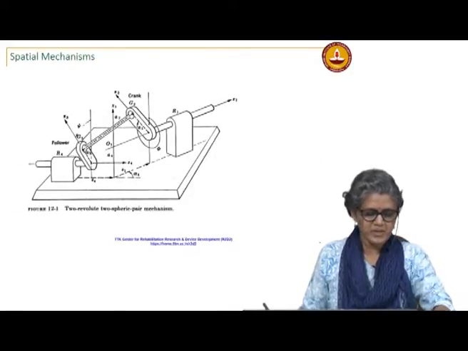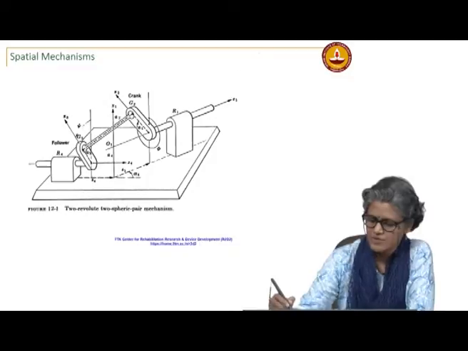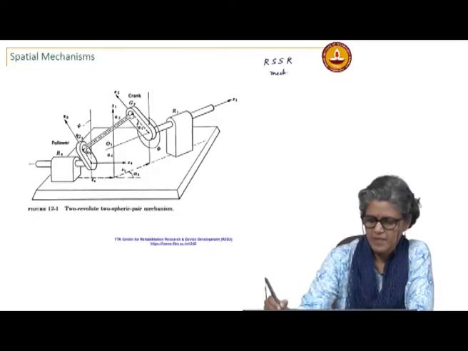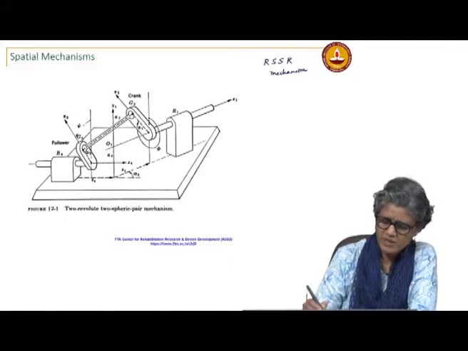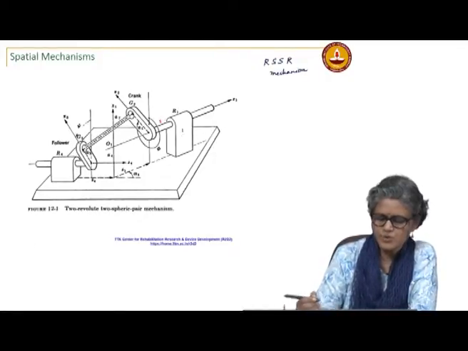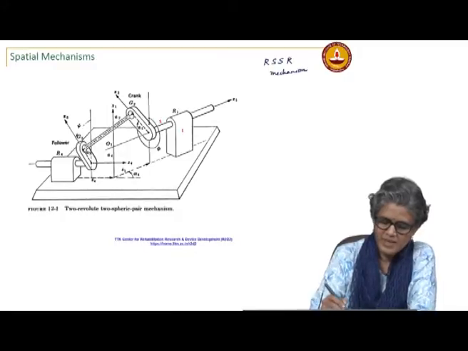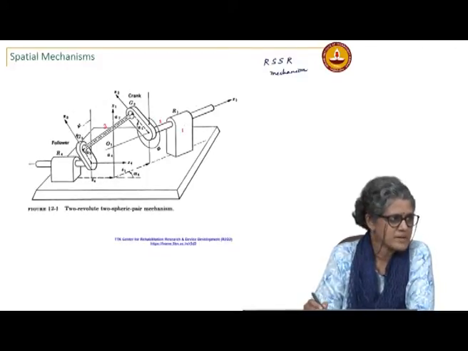So, typically mechanisms are represented in terms of the joints. So, this would be like an RSSR mechanism. This is essentially a 4 bar. You have this link, which is link 1 and is fixed, then you have link 2 which is the crank, and then you have link 3. The joint between links 2 and 1 is an R, a revolute pair.